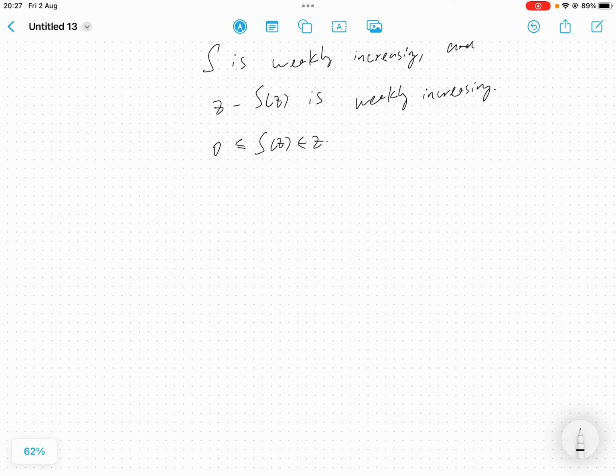For example, we have the equity that we used in the example, simply some fraction of the future payoff, so s(z) equals alpha z, where alpha is just a number between 0 and 1.